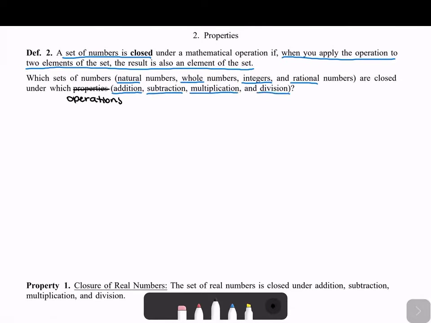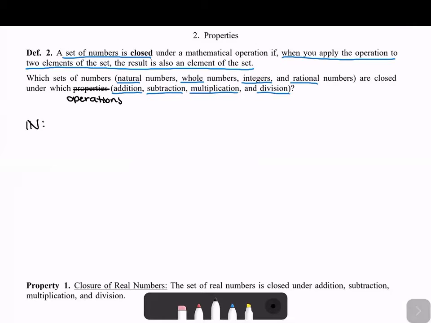So first, let's talk about the natural numbers. I'm just going to be a little bit lazy here and just use the symbol to talk about it rather than writing out natural numbers. So the natural numbers are just the positive whole numbers or the positive integers. Remember that 0 is neither positive nor negative.